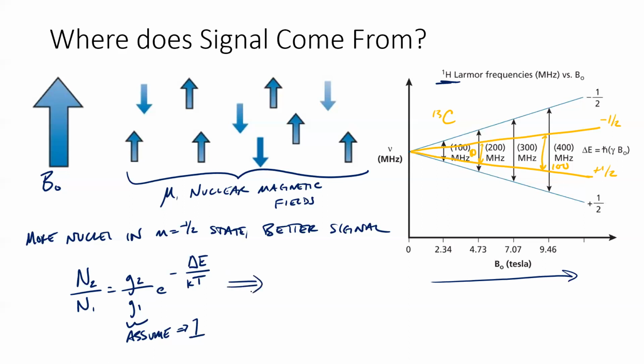But if we substitute in what we know is delta E, then we end up with this ratio: N2 over N1 is equal to e to the negative gamma H B naught divided by 2 pi KT. Okay. So from a few slides previous, we know that delta E is equal to gamma H B naught over 2 pi.